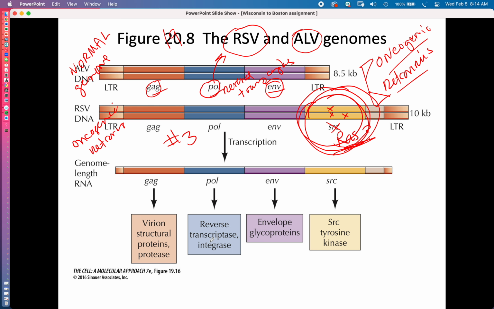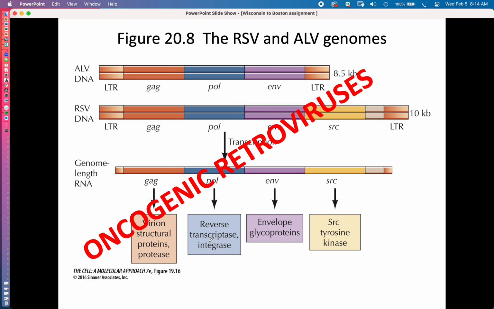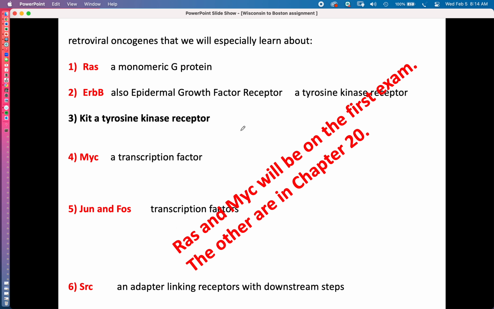Yep, okay. So again, this is important, that we're talking about not just retroviruses, but these specific mutants like that. And on the first exam, we will have learned about 2 of them. So RAS is one, and we'll learn what it normally does in the host. And then another one we'll learn about before our first exam is MYC.